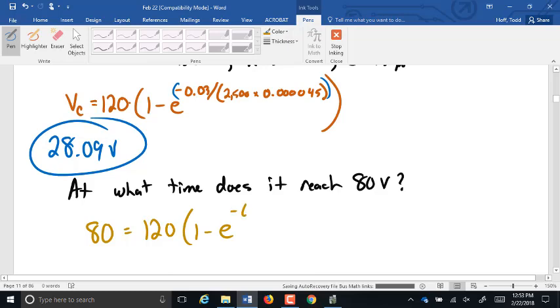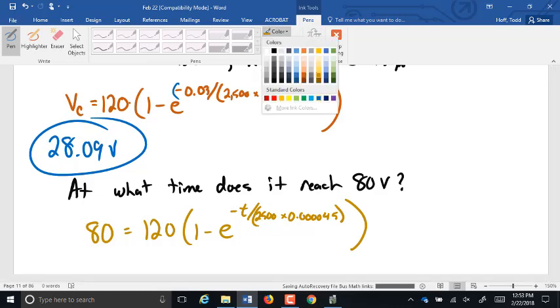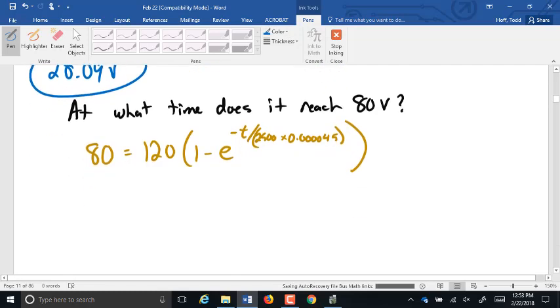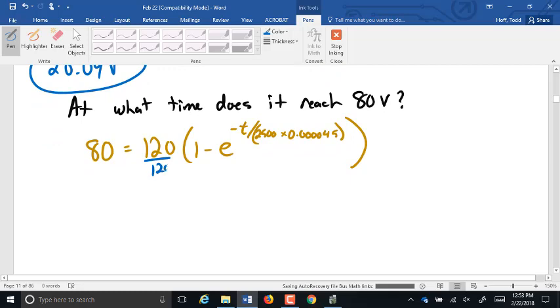And we are looking for the time. How do we solve this? We're going to divide by the 120. Very good. So what we have over here is 2/3 equals 1 minus e to the negative t.